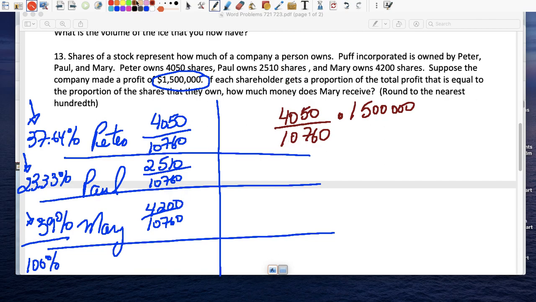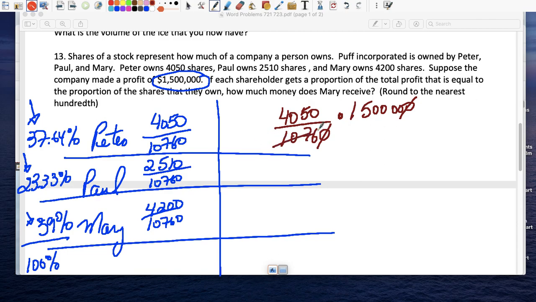No, I guess. Well, we can simplify this and this. We can keep simplifying. Well, I guess we're going to have to do this.